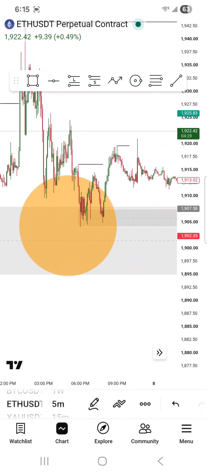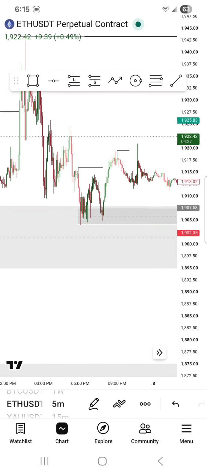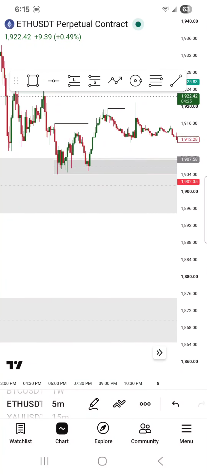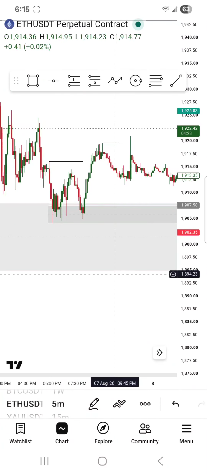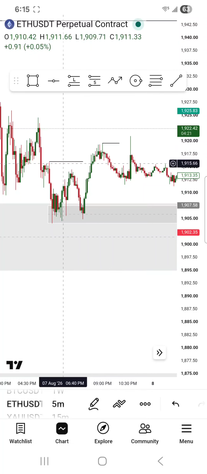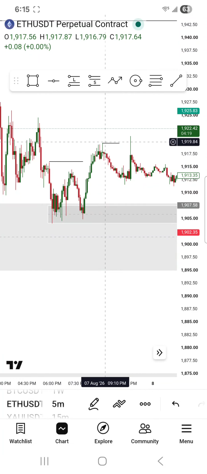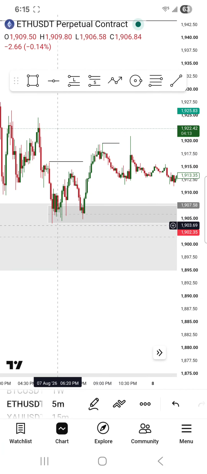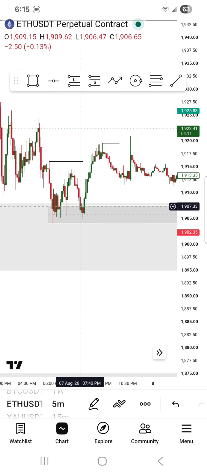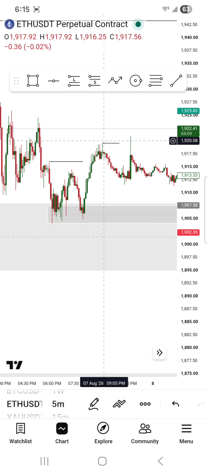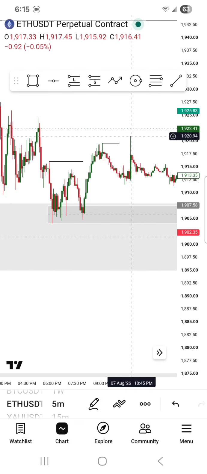Now see what happened, guys. This is the first time price is reaching here. All right, so we have this change of character, and we have what? A break of structure. All right, so this break of structure confirmed that since price came to this zone and is about to push up, that is the change of character, then it retraced and created a break of structure.